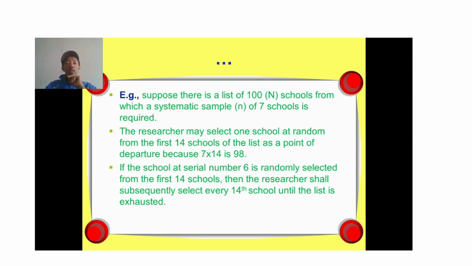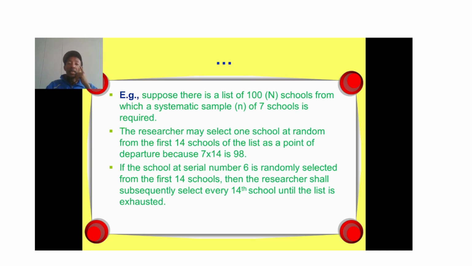The researcher may select one school at random from the first 14 schools of the list as a point of departure. So 7 times 14 is equal to 98. It's less than 100. So our interval is, for instance, this 14.